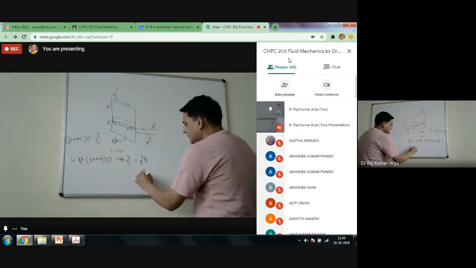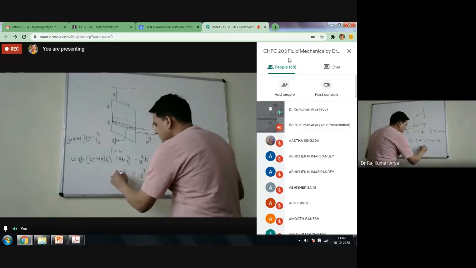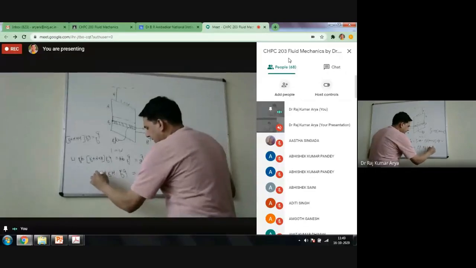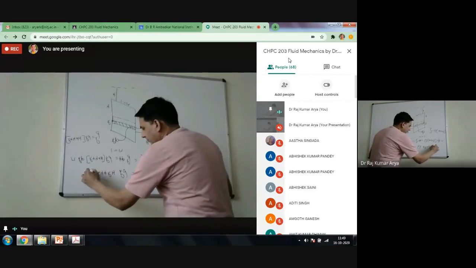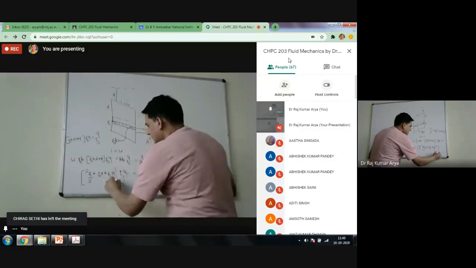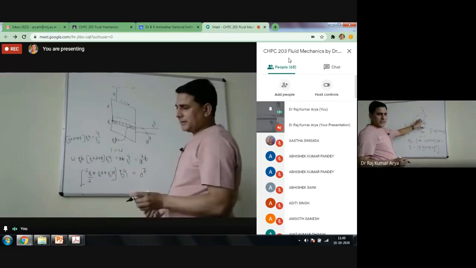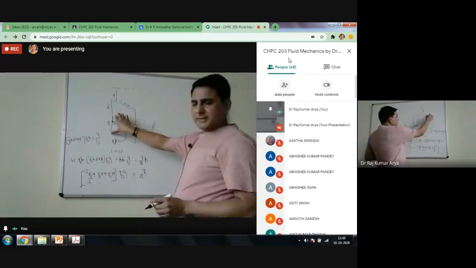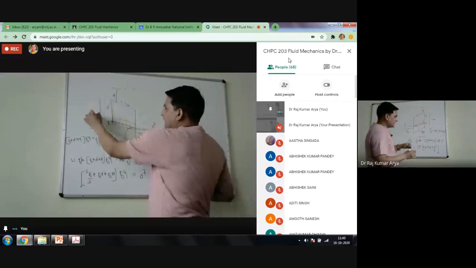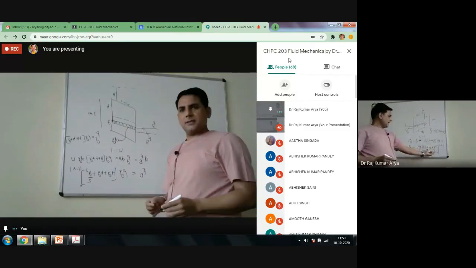By integration you will get rho g, W is just 1, so you will get Hy plus y square upon 2. And this is changing from where to where? This is 0 and this much is only 1 minus h, because the total was 1 only. So this section is just 1 minus h only. So you have 0 to 1 minus h.